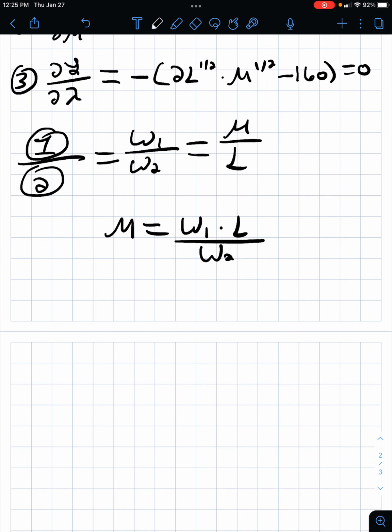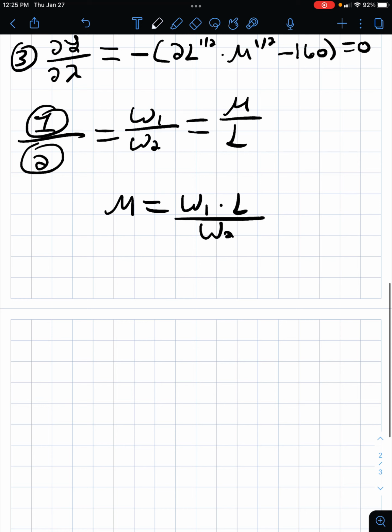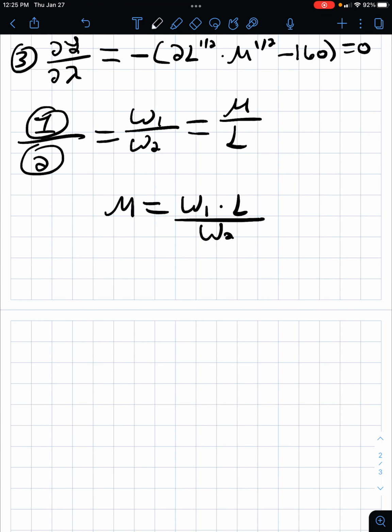Now that we found our M, we can plug M into our production function and solve for L. So we have 2L to the 1/2 times M, which we just found was W1 times L over W2, to the 1/2.